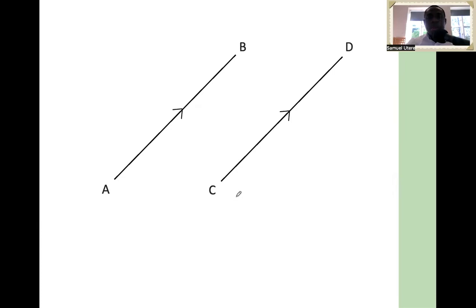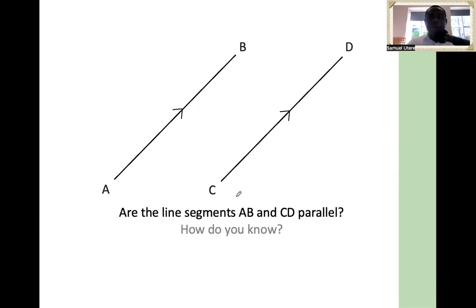Okay, here we have parallel line segments AB and CD. Are these line segments AB and CD parallel? Yes, of course they are. Now, how do we know that they're parallel?